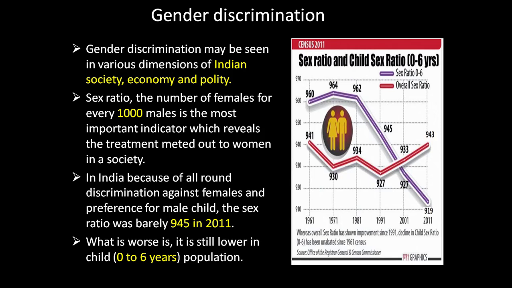What is worse, it is still lower for children in the 0 to 6 years population. You can identify the overall sex ratio was 941 in the year 1961, whereas in 1971 it decreased to 930 out of 1000 males, and in 1981 it increased a little to 934.